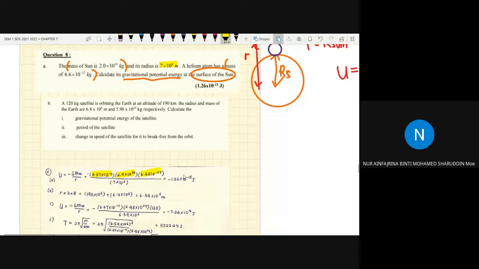So you press the calculator, and you will get your answer as negative 1.26 times 10 to the power of negative 15 joule.